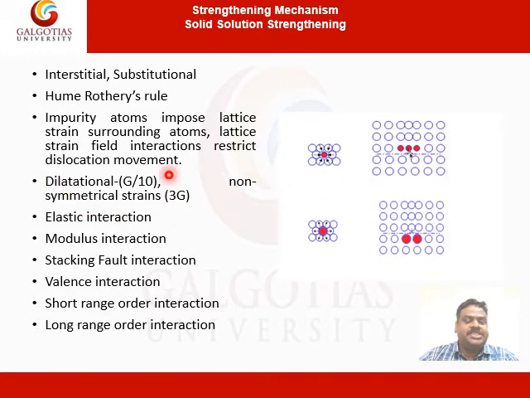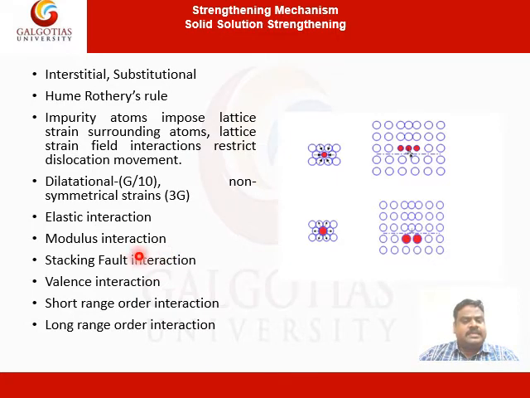One is dilatational, where the strain field is equal in all directions, and some strain fields are only shear type or directional, known as non-symmetrical strains. The dilatational strains increase the strength up to 1/10 of the shear modulus, whereas non-symmetrical strains increase the strength up to 3 times the modulus.